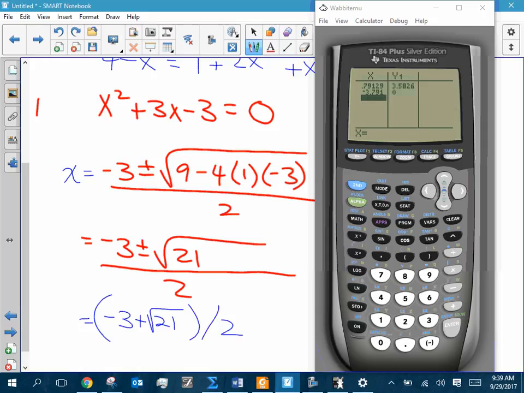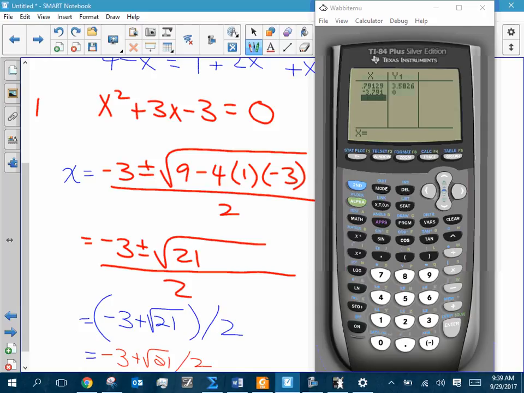I see way too often people do this: -3 plus radical 21 divided by 2. If I eliminate parentheses like that, the calculator understands PEMDAS, please excuse my dear Aunt Sally, parentheses, multiply, divide, add, subtract, very well. It never messes them up.